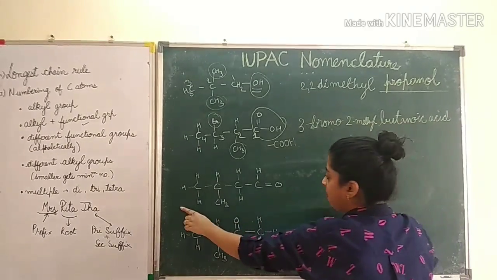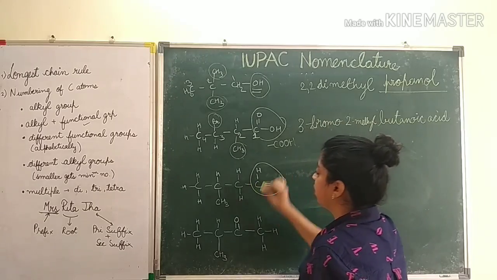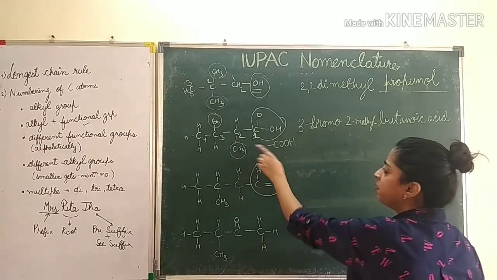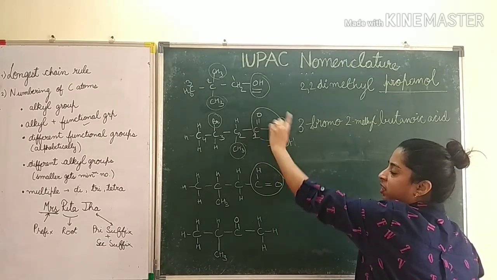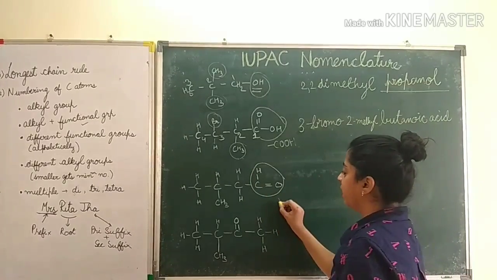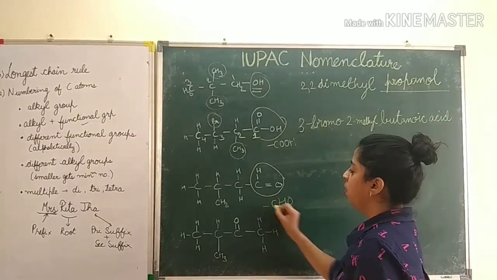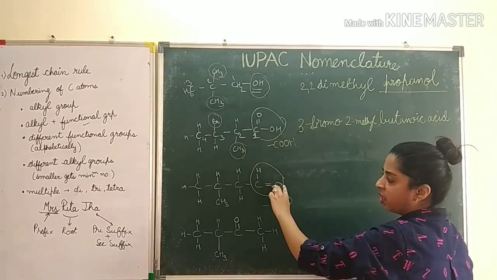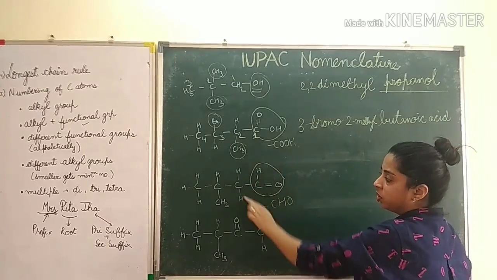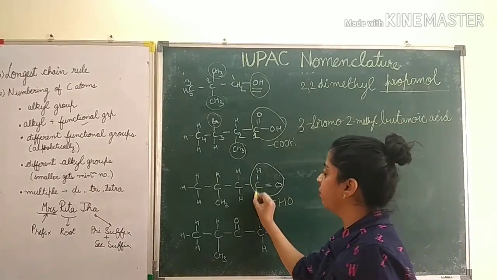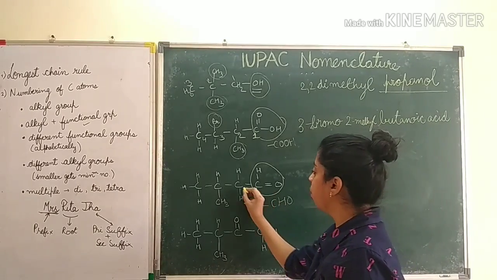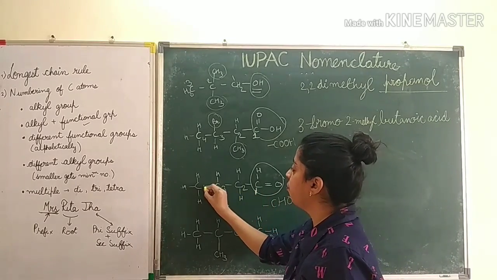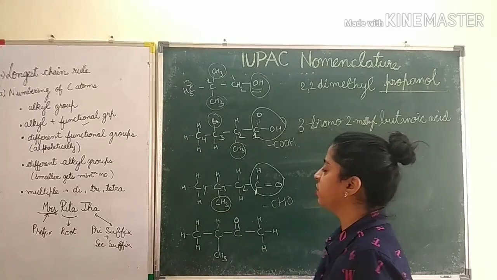Now see this example, this is CHO, that is aldehyde. Now this can come directly as CHO or they can give it like this. The double bond can go up and H can come down, anyway it can happen. So this is an aldehyde, so we will start numbering from here because there is a carbon here. So 1, 2, 3, 4, and then mark the substituent which is present.